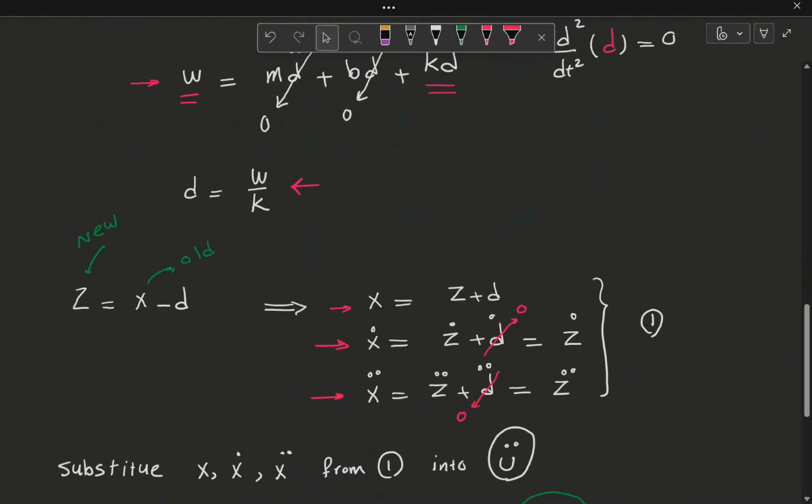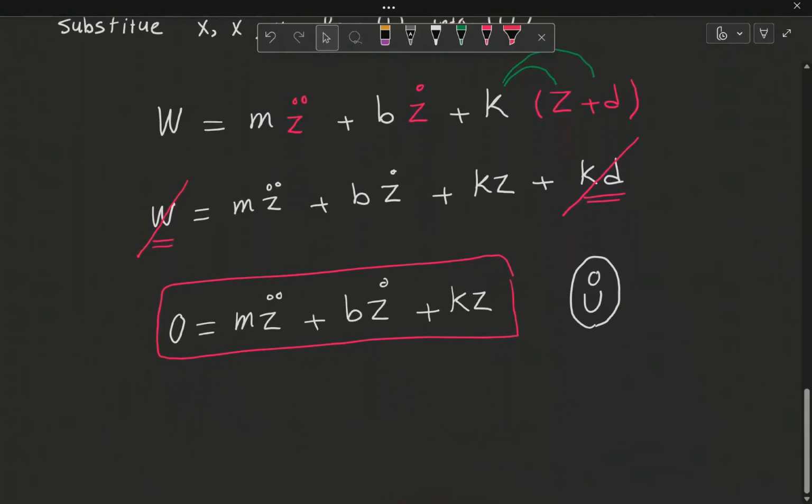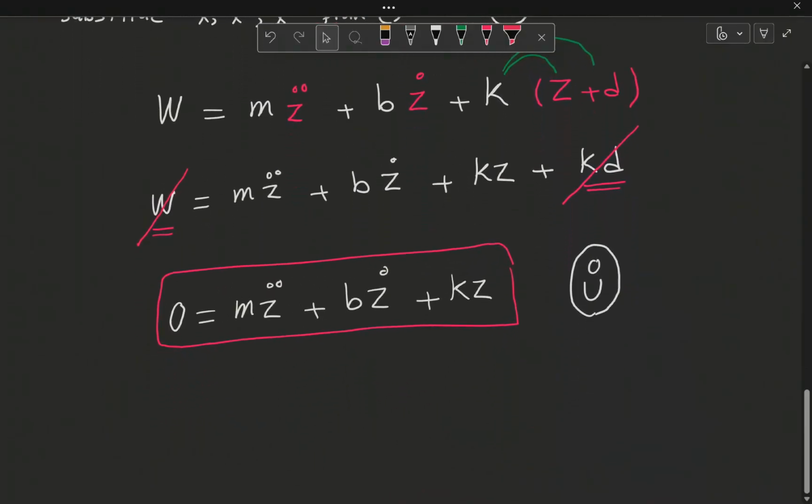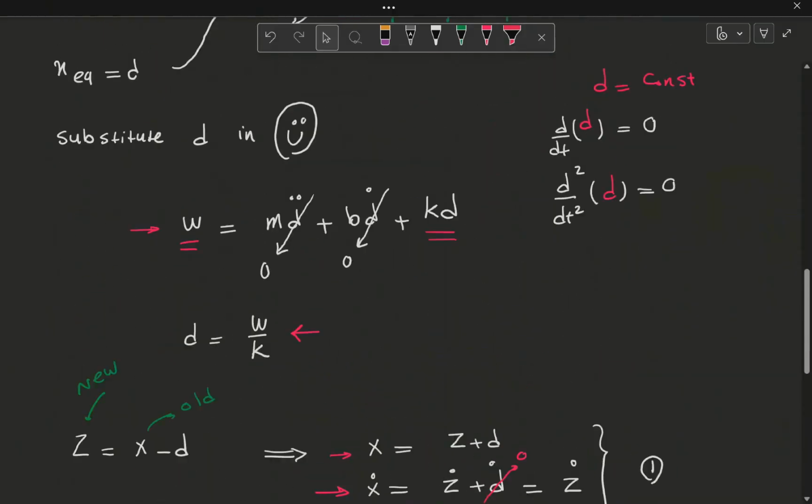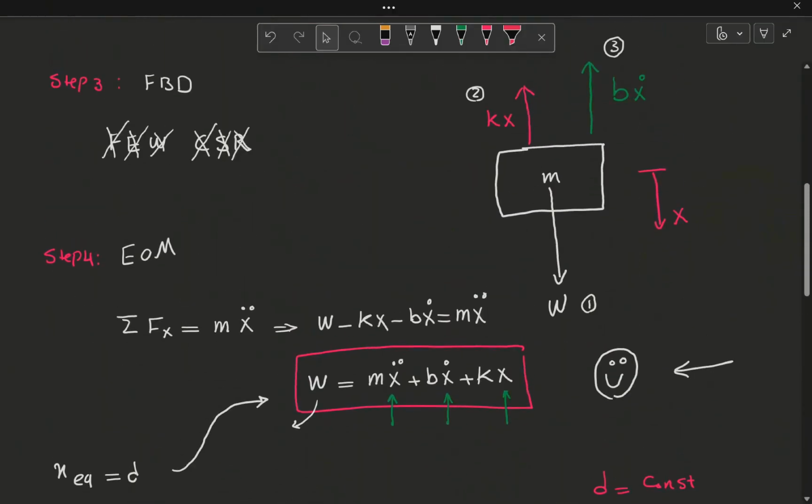The other one does not have W and it has z, which means that by a simple change of the coordinate system, by shifting the origin from the free length of the spring to the static equilibrium point, I was able to neglect W in my formulation.